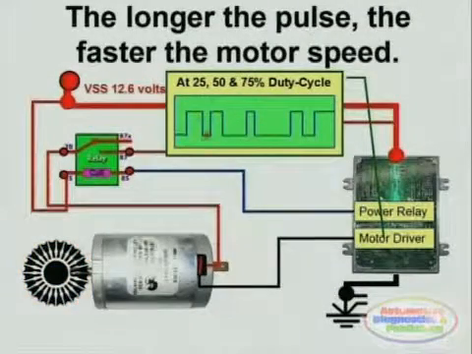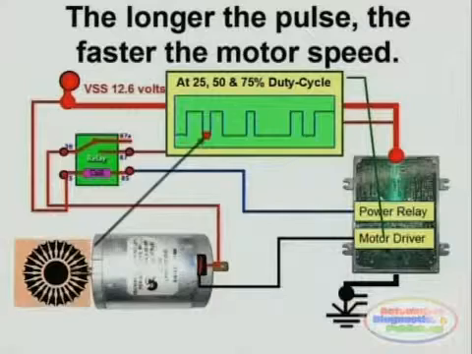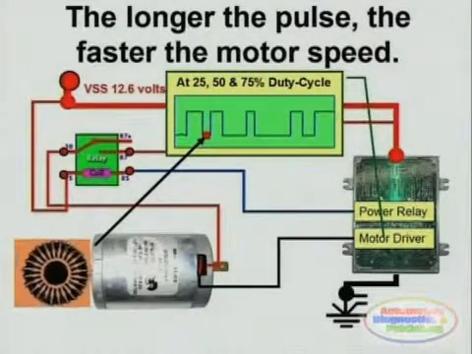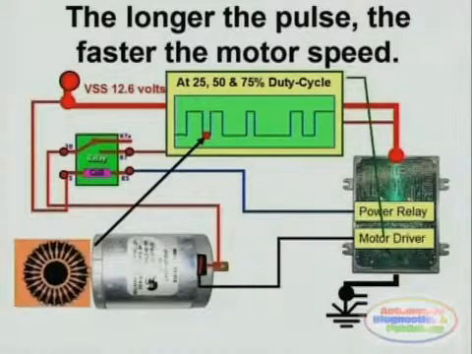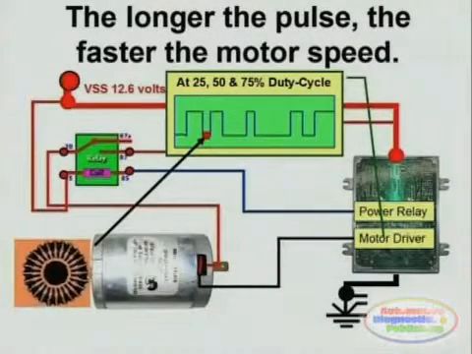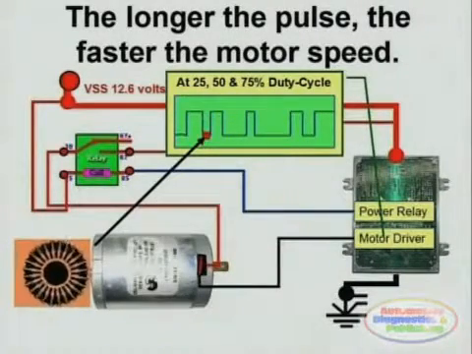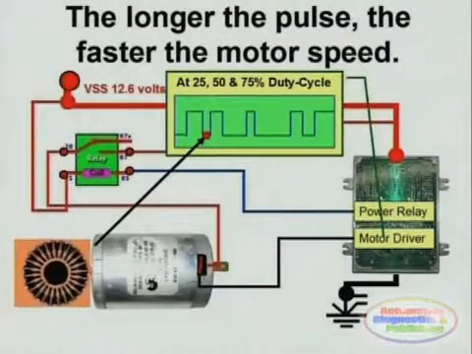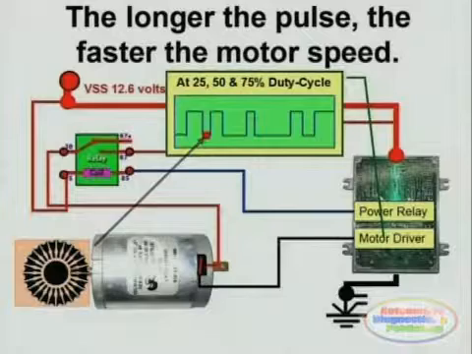Again, here we see a very short or very low duty cycle, probably in the range between 10 and 25%, and this will make, in this particular case, the fuel pump turn very slowly. You will need this condition during a non-loaded idle condition.